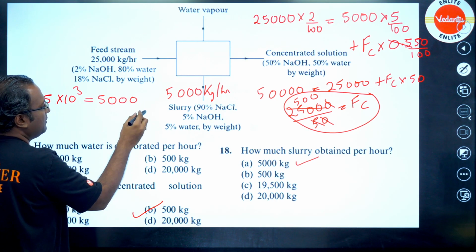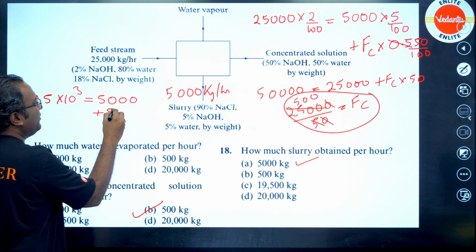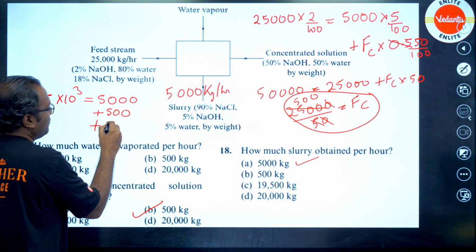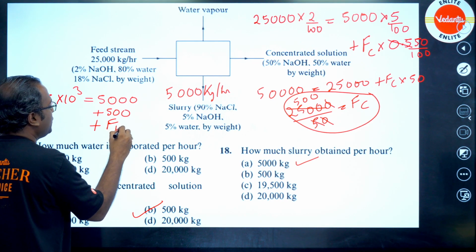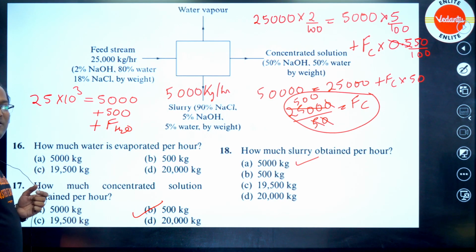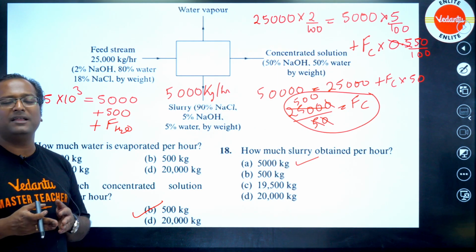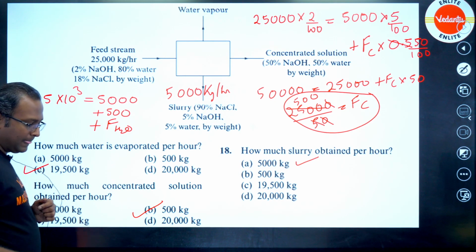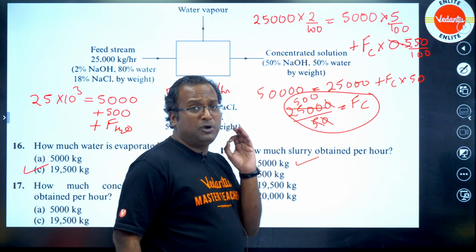Then we are removing 500 in the form of concentrated NaOH solution. What is the rest? The rest is the flow rate of water vapor. That's the fourth outlet. So 25,000 minus 5,000, that's 20,000. 20,000 minus 500, 19,500.